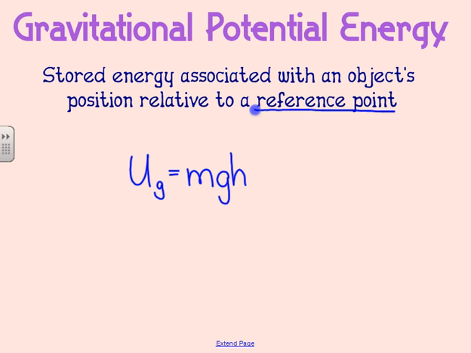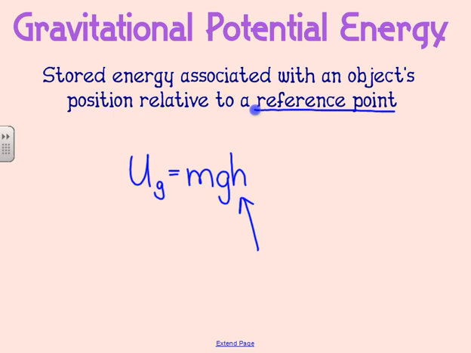As with all other types of energy, this is a scalar, which means you don't plug any negative numbers into the equation, with the exception of one thing sometimes. The one thing that can be negative when you plug it into this equation is h. H is negative if the position of your object is below the reference level.